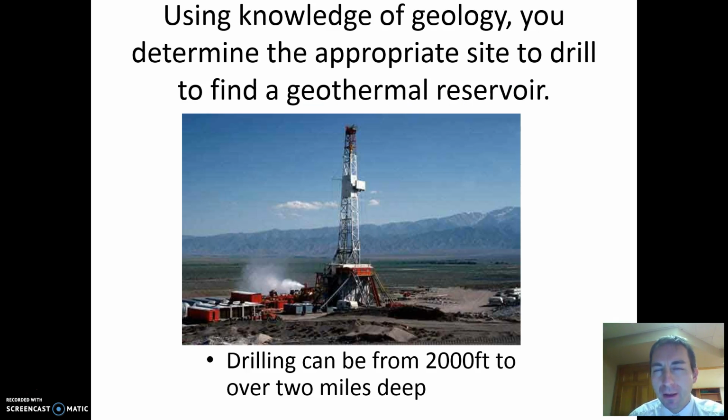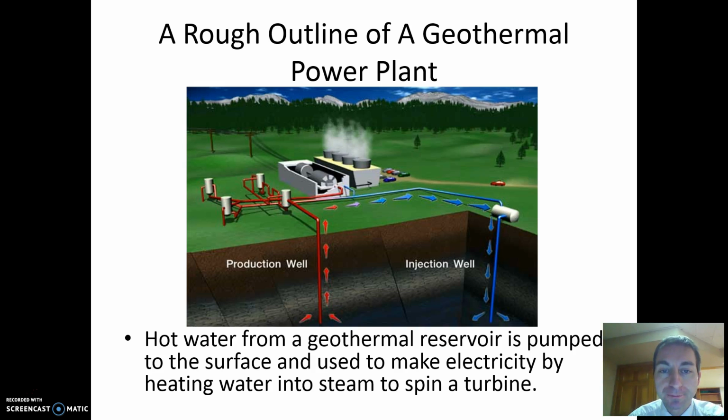So once you have determined that this area is appropriate, the way that it would work is you would drill a hole, maybe 2,000 feet, perhaps up to 2 miles deep. And what would happen is you would produce a well where you're going to have a pipe to bring heated water up to the surface.